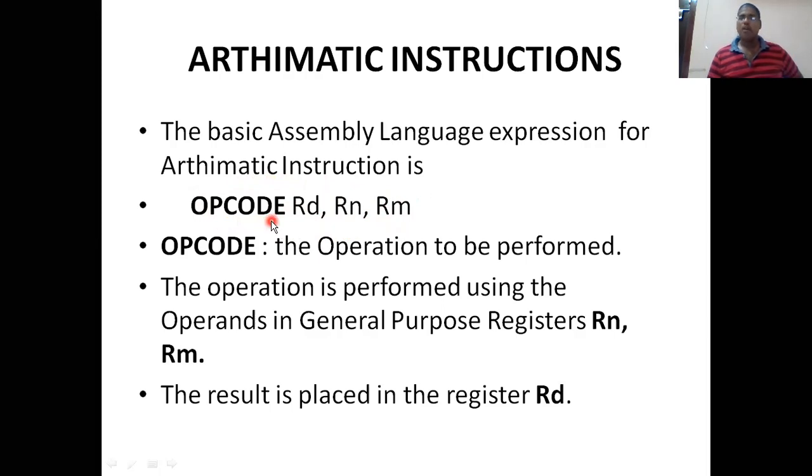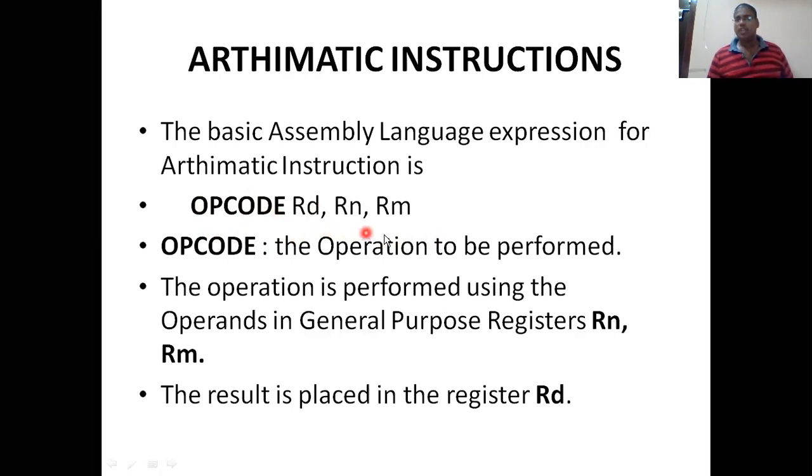That means if I want the processor to perform an add operation, I need to write a code that is understandable by that particular processor, so that it will perform the add operation. If I want the processor to perform a shift operation, I need to write the instruction that is understandable by that processor, so that it can perform the required shift operation. So the opcode indicates the operation to be performed, and these are the operands.